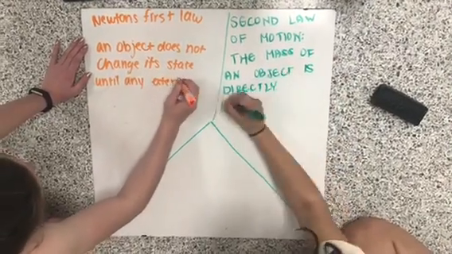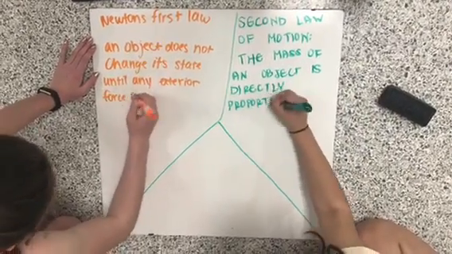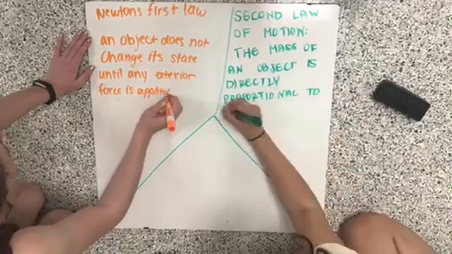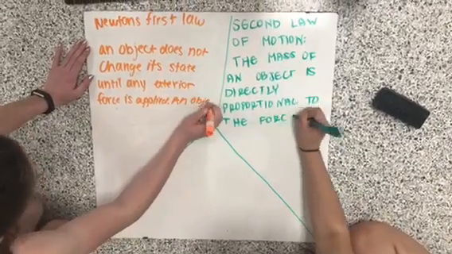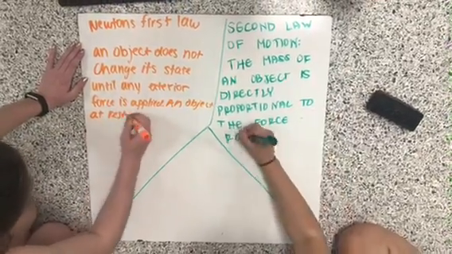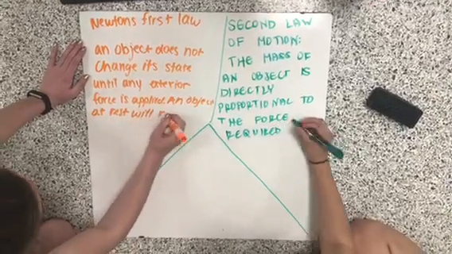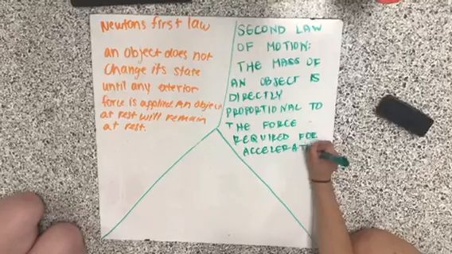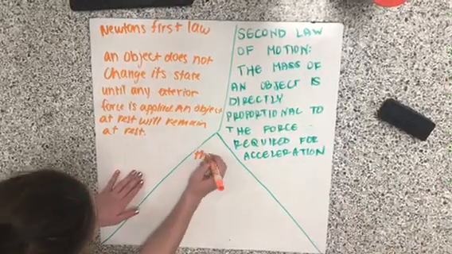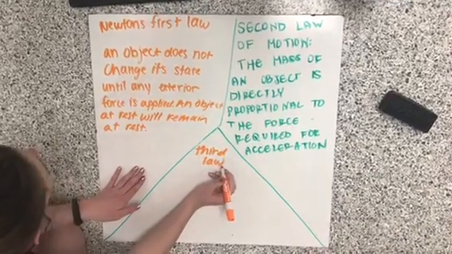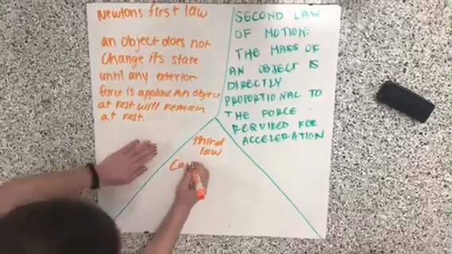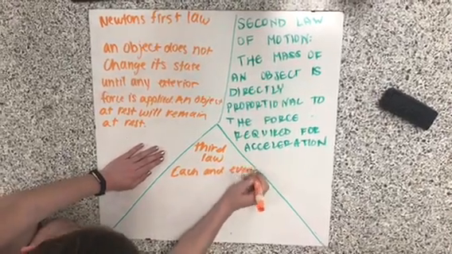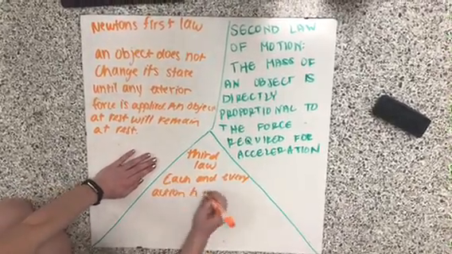Newton's second law of motion states that the mass of an object is directly proportional to the force required for acceleration. Finally, Newton's third law states that every action has an equal and opposite reaction.